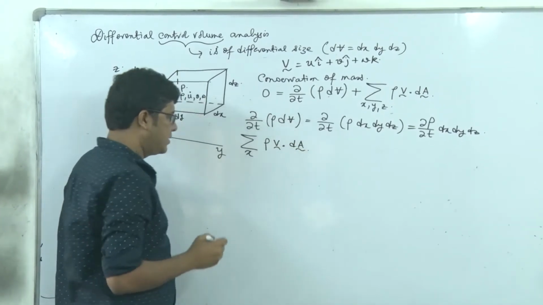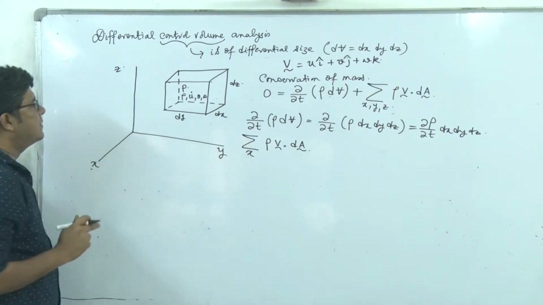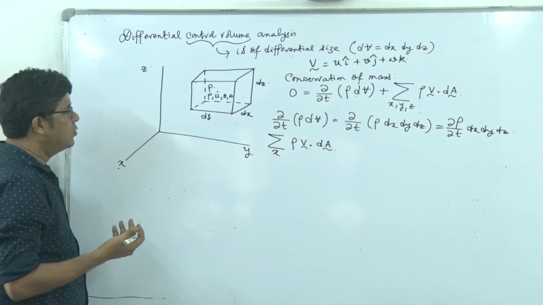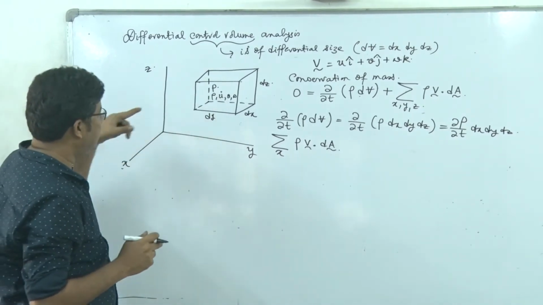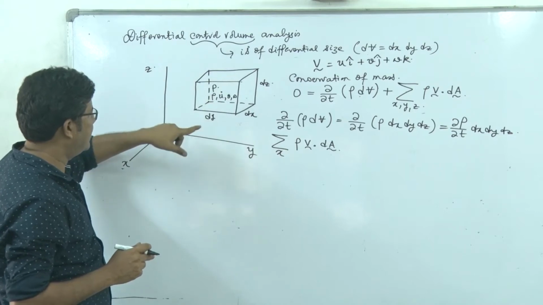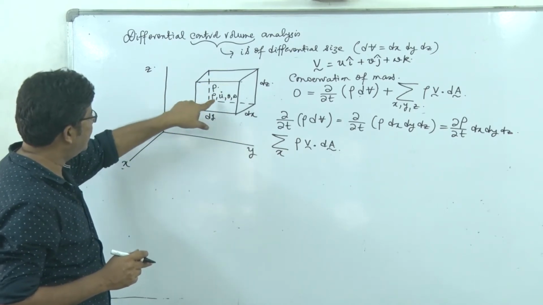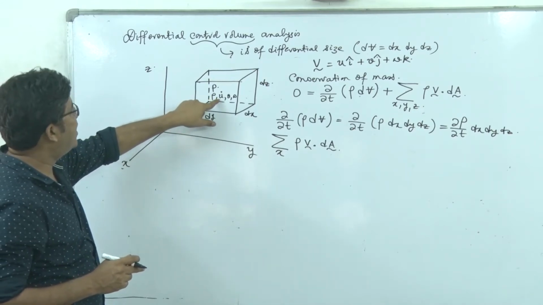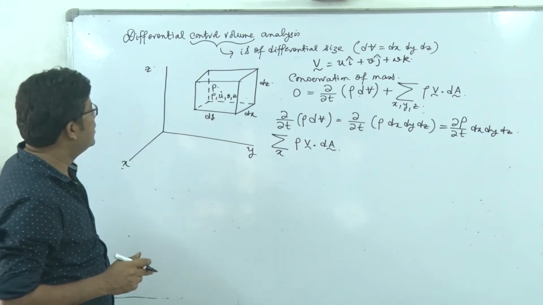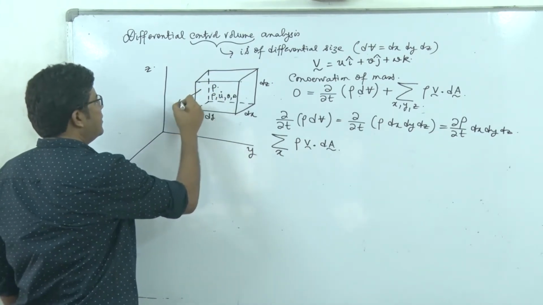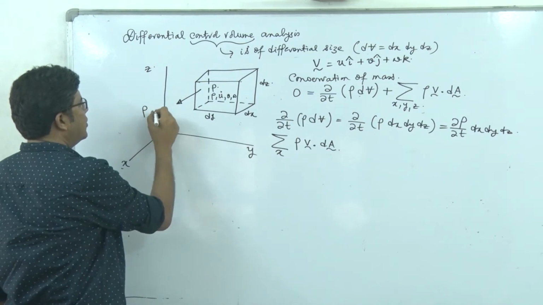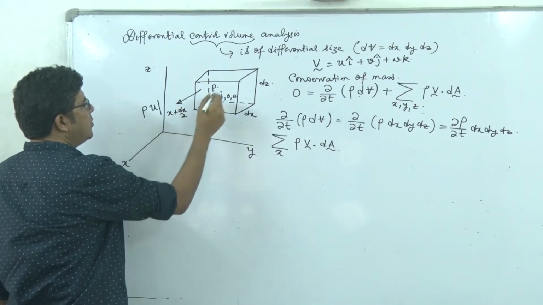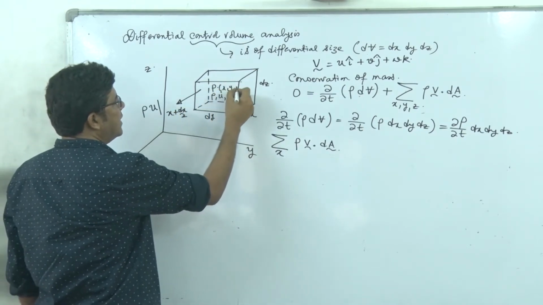Now, at the central point the density value is rho, and u, v and w are the velocity components. But v and w are not pertinent here because they are y directional and z directional components. Through the x directional faces, whatever flow we have will be driven by the x directional component. So we write rho into u at x plus dx by 2, because the center has coordinates x, y, z.